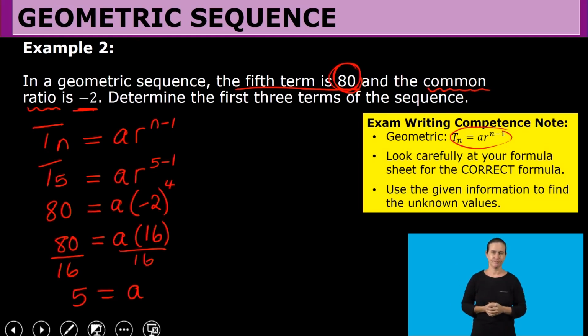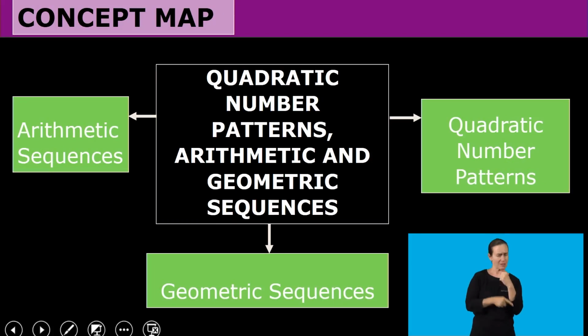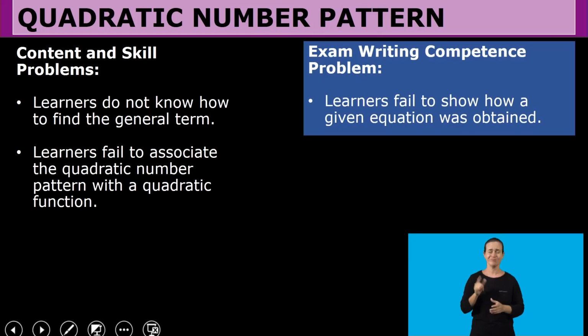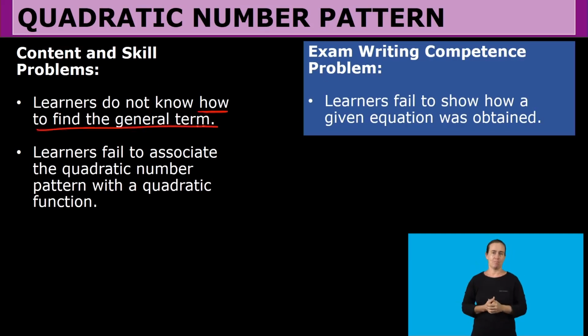Let's move over to the last concept of our concept map, and that is the quadratic number patterns. When it comes to the content and skill problems for quadratic number patterns, learners do not know how to find the general term. And again, learners fail to associate the quadratic number pattern with a quadratic function.